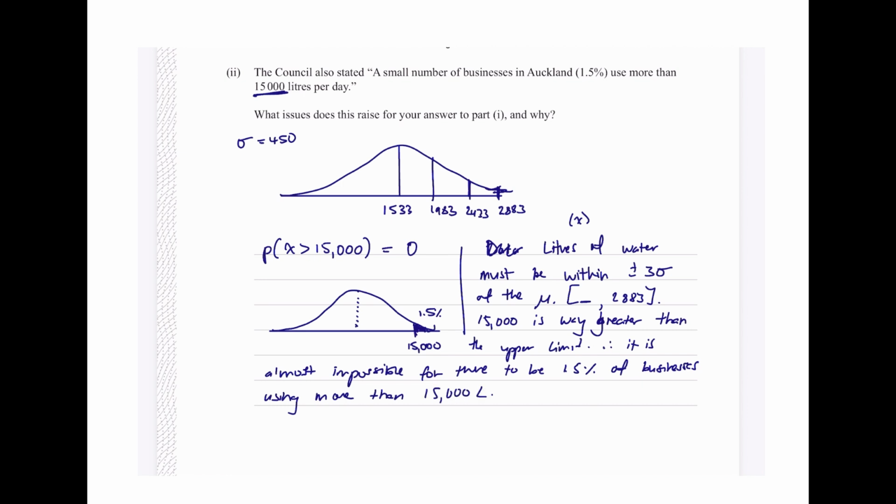And we'll say, well, for this to occur, for this to happen, we either increase mu or the standard deviation, right?